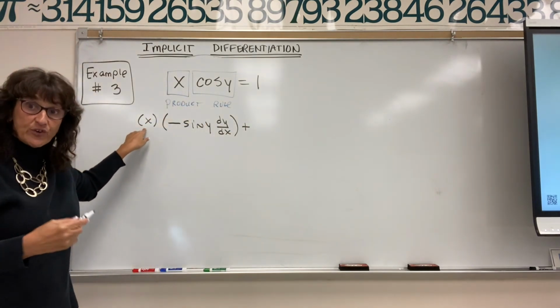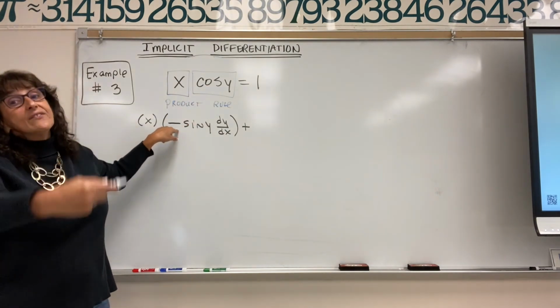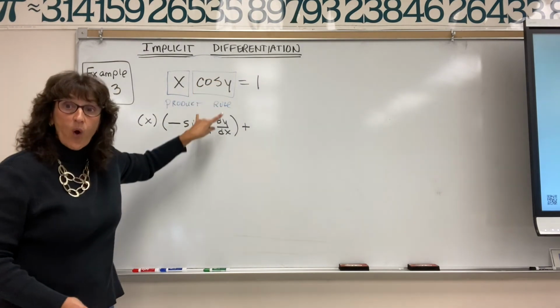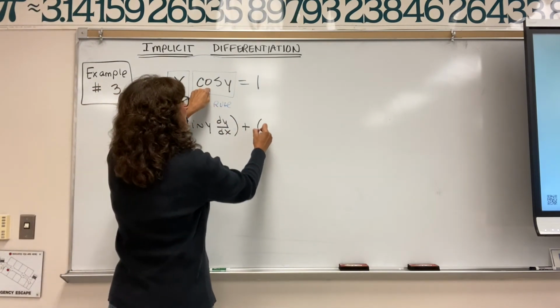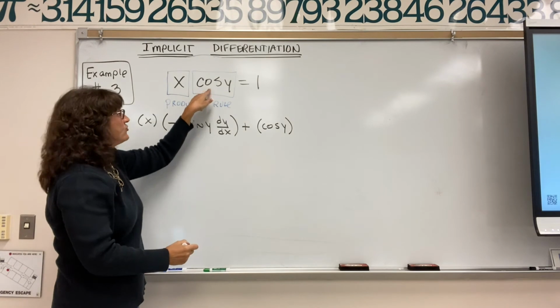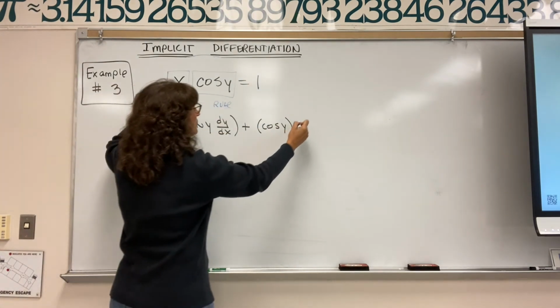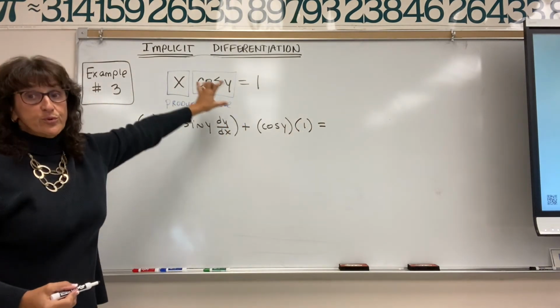We bring the first expression down, x, times the derivative of cosine y, negative sine y, dy dx. Anytime you differentiate a term with a y in it, you got to follow it up with dy dx. Plus, now we're going to bring that cosine y, just bring it down. No dy dx here, we're just bringing it down times the derivative of the first term. Okay, so here's your product rule with the left side.